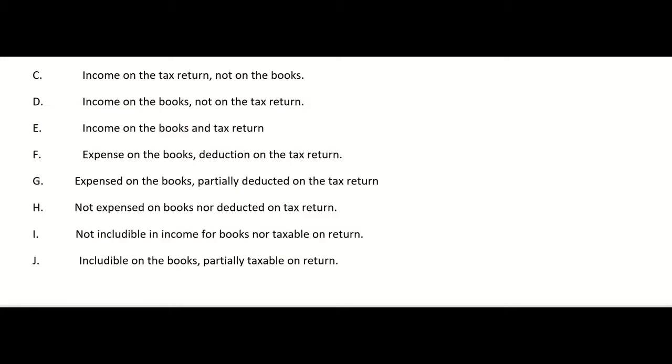Well, some of that dividend will be triple taxed. It's partially taxable, but because of the dividends received deduction, not all of it will be. So includable on the books, partially taxable on the return: cash dividends received from a company that you own less than 20% of, that you're accounting for under the fair value through net income method.